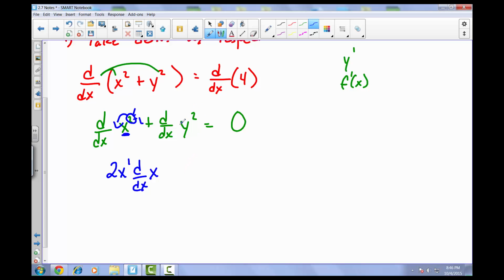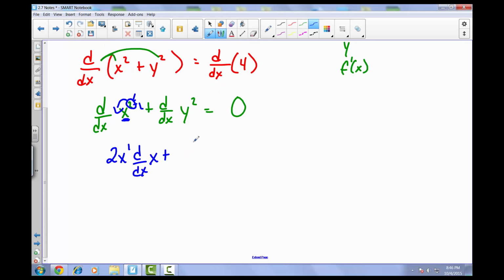The same thing is going to happen for our y. So then we have plus 2y, again just using your power rule, subtracting that exponent by 1, but then you're also taking the derivative of your inside function, so the derivative with respect to x of y. Believe it or not, these are chain rules happening behind the scenes. This is equal to still 0.